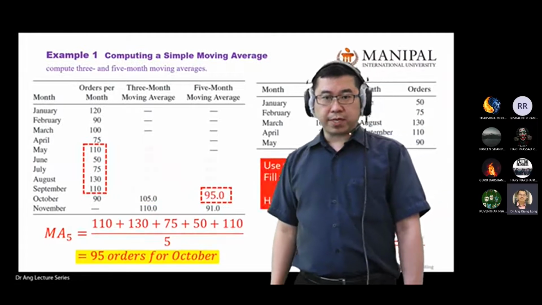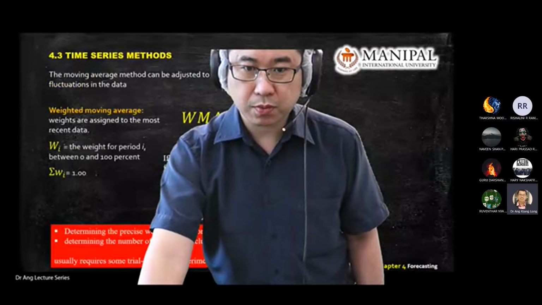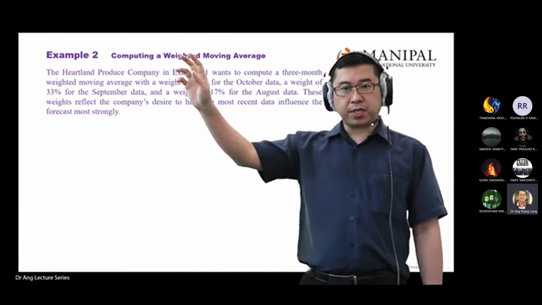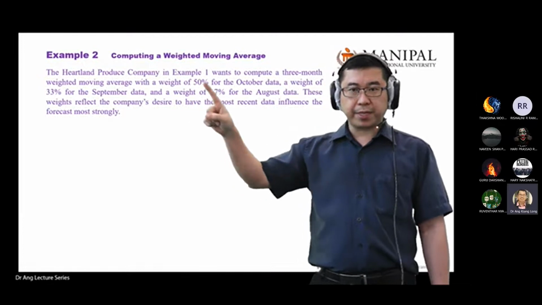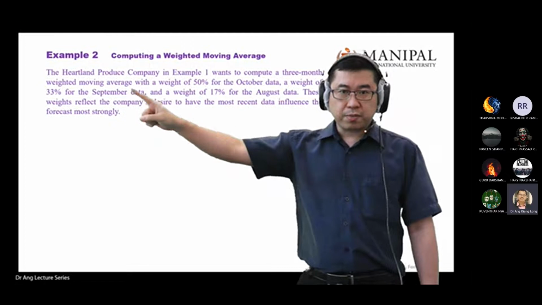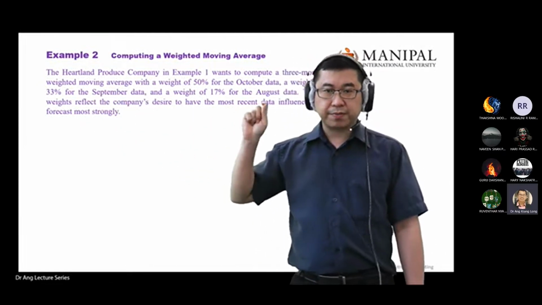Then when you come to example 2, the manager or owner of the company wants to compute a 3 months weighted moving average.